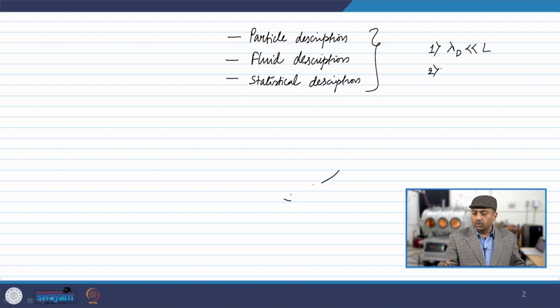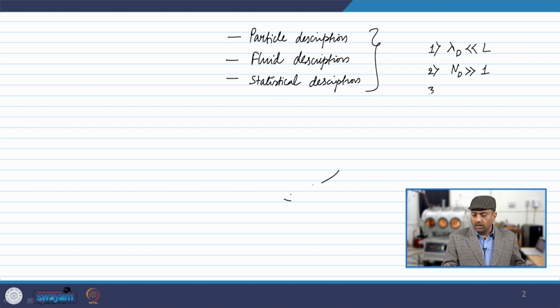What this means is the Debye length should be within the length scale of the plasma system. It is reasonable to assume that you cannot extend the Debye length beyond the length scale of the plasma system. The second condition is N_D should be much greater than 1. What this means is the total number of particles in the Debye sphere should be much larger than 1.